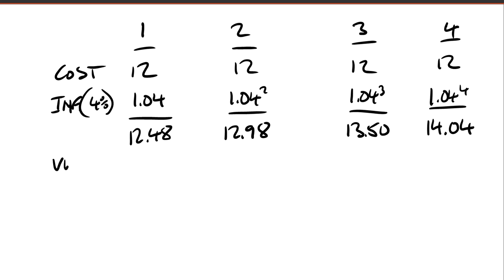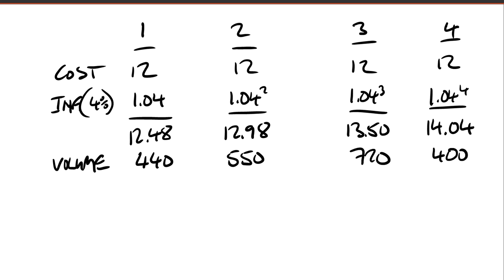The volume is the same as the ones we used for the sales. So 440, 550, 720 and 400. And when we multiply that out, that will give us the inflated variable cost.